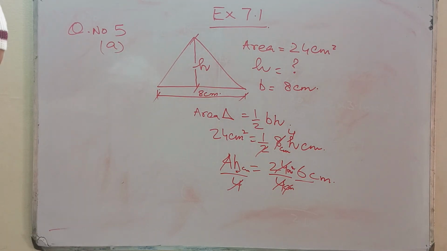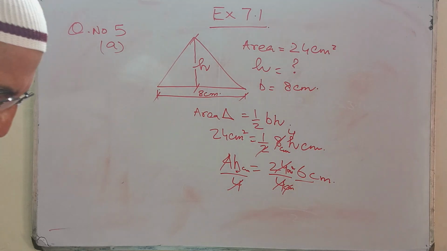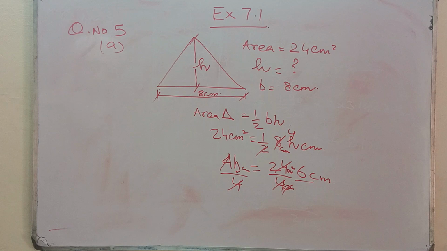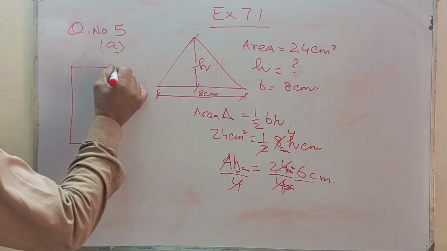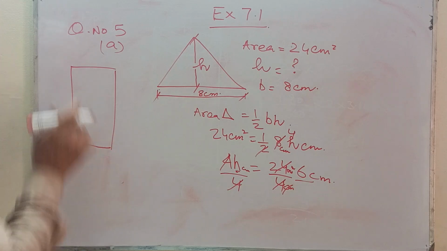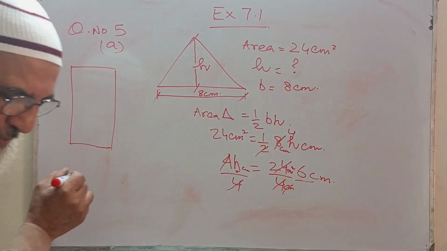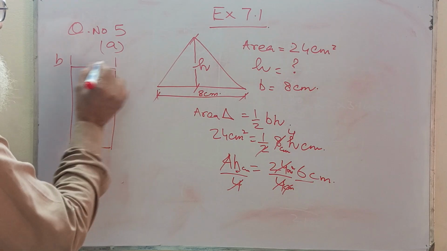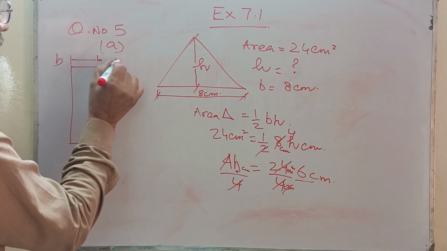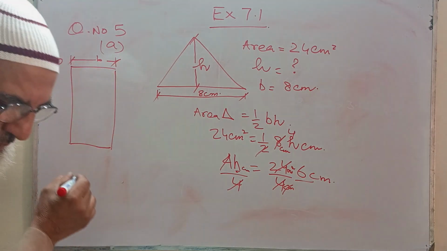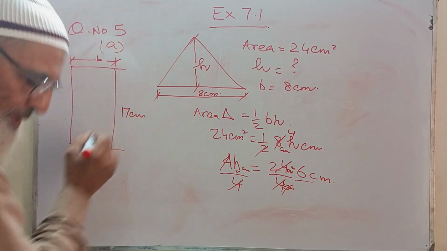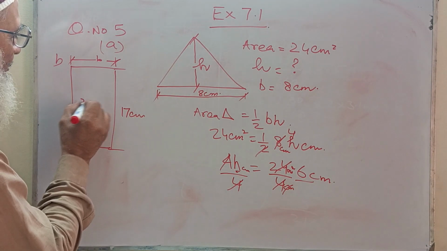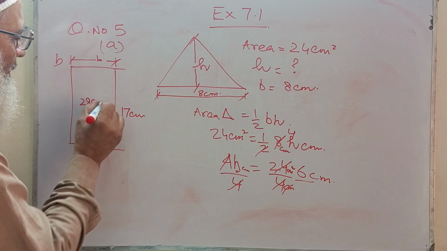B part is very simple. It is a simple rectangle, and I have to find b out of it. Let me explain it, I'm not going to solve it. This is the B part, and I have to find this b only. Here the length is given as 17 centimeter and the area as 289 centimeter square.